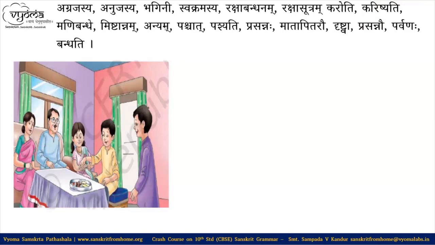Then what do you observe? Just observations you have to tell. What do you see in this picture? They are celebrating Raksha Bandhan. Yes, Parth, they are celebrating Raksha Bandhan. You see the Rakhi, no? That sister is tying Rakhi. So what else do you see?